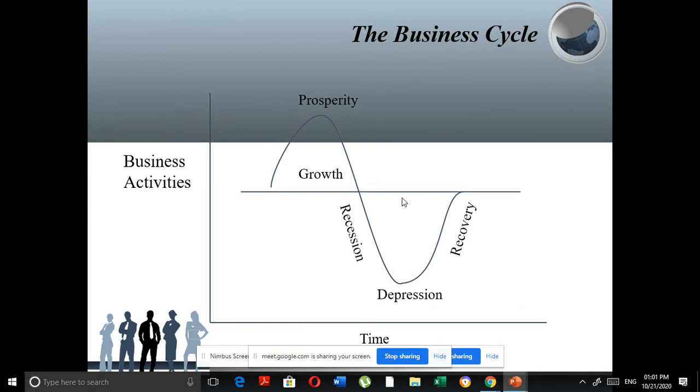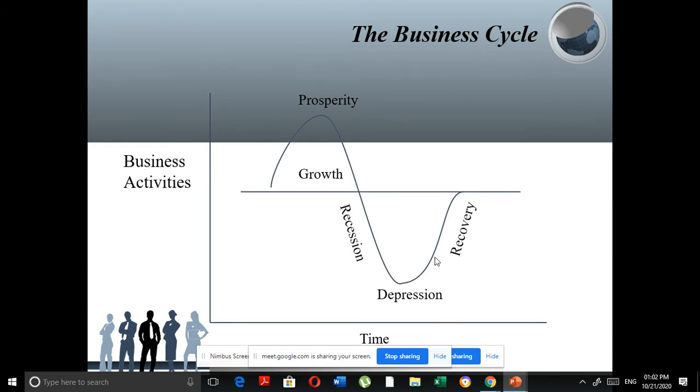Here on the graph, you can see the business cycle. Here, business activities and time. So you see growth, prosperity, the maximum point. Recession, production and employment fall, and depression is the minimum, or drops, the minimum point of the business cycle.